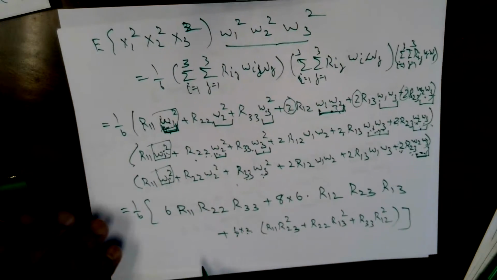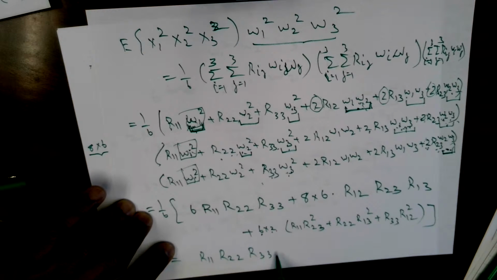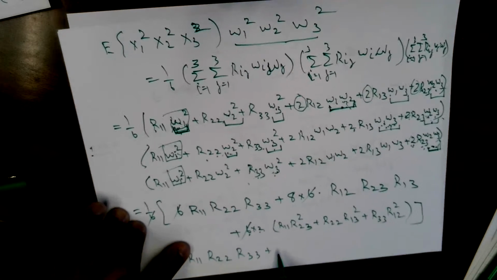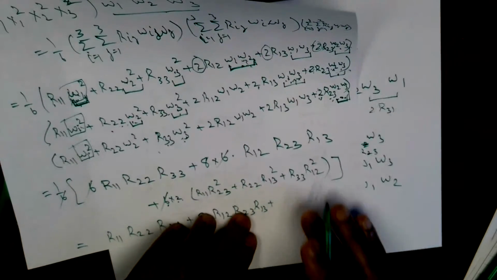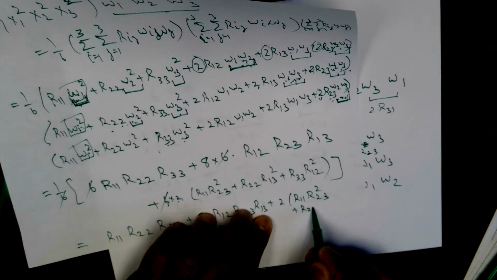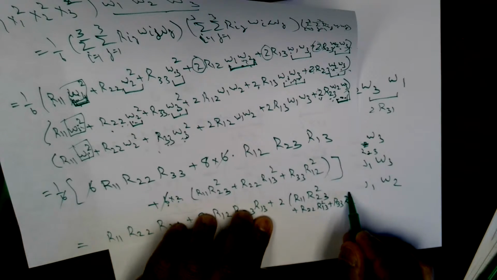All right, now the 6 cancels, and you get R11 R22 R33 plus, so 6 goes away, 8 multiplied by R12 R23 R13 plus 2 multiplied by R11 R23 squared plus R22 R13 squared plus R33 R12 squared.